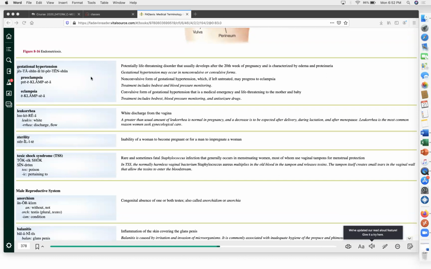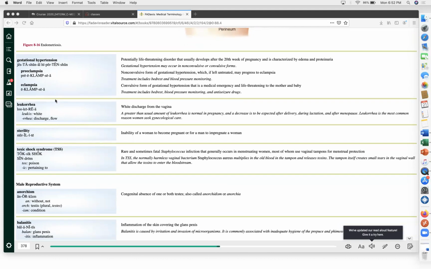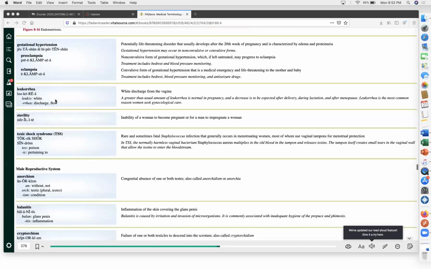Not a good thing. You never ignore even the littlest of symptoms. Always deal with them. And hypertension could lead to preeclampsia or eclampsia. You'll learn that in obstetrics. I don't want to get into it now, but just know that hypertension and or hypotension is never a good thing for mommy, never a good thing for baby.